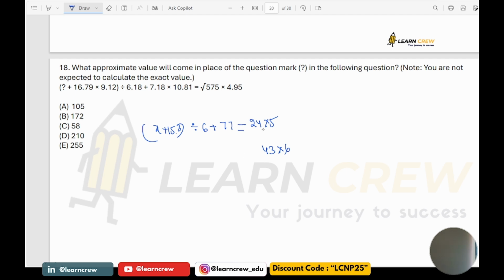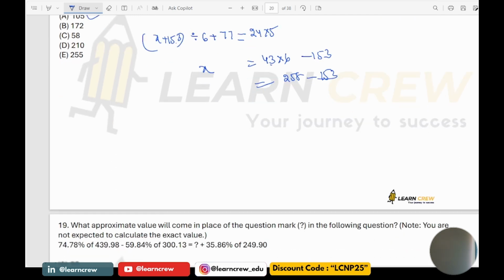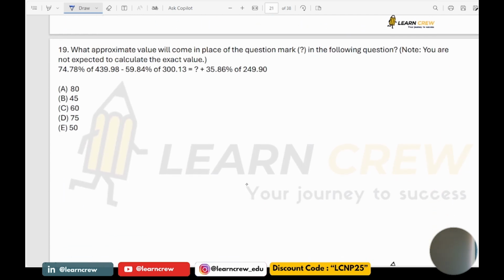Am I correct? 120 minus 77 is 43. 43 into 6 is x plus 153. X is minus 153. 43 into 6 is how much? 258. 258 minus 153 is 105. 105. Next, again approximate value.